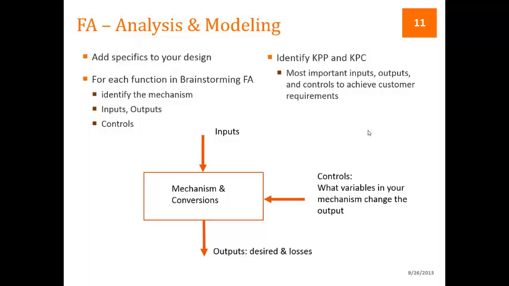And for each one of these, we're going to identify the inputs, the outputs, and the controls. There may be multiple variables in each of those, so you could have force and displacement and velocity, for example, as inputs. Controls, again, are the variables in the mechanism that we can change now that we're designing it, but not later. And then we want to identify these KPPs and KPCs, which are the key variables.